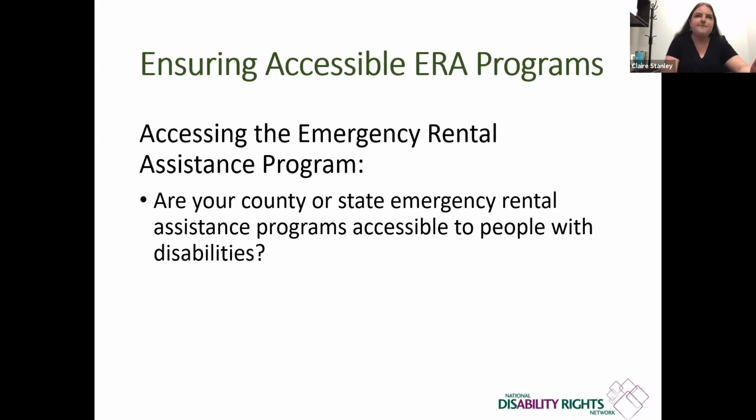In order to do that for people with disabilities, we need to have it on websites that are accessible, and put it in publications that people with disabilities are going to access. If you just have it on a billboard, you could be missing a whole community of people. So we really need to think broadly about how things are accessible, both for the tenant and the landlord, to even know that the program exists altogether.